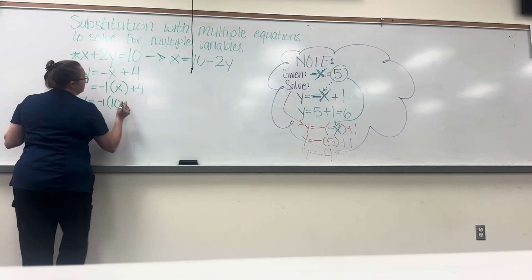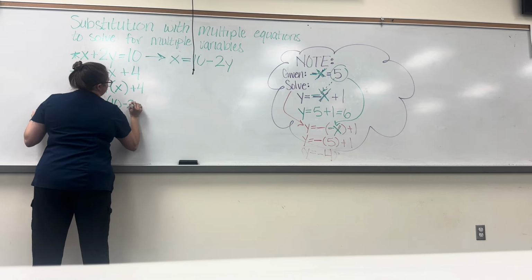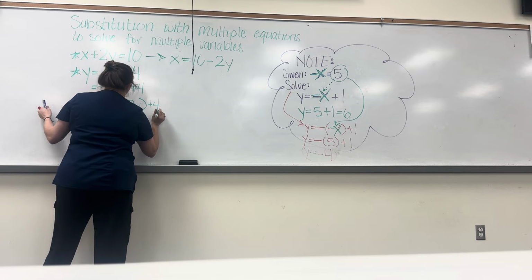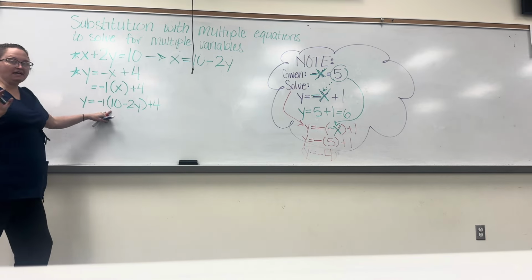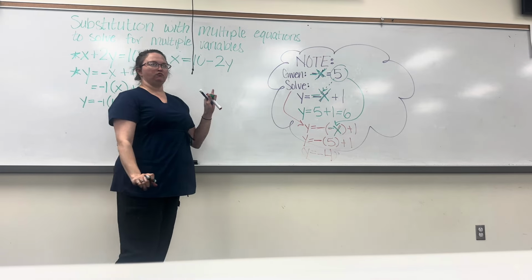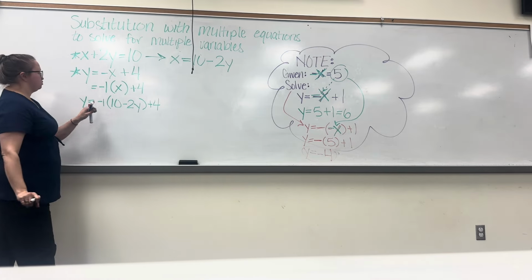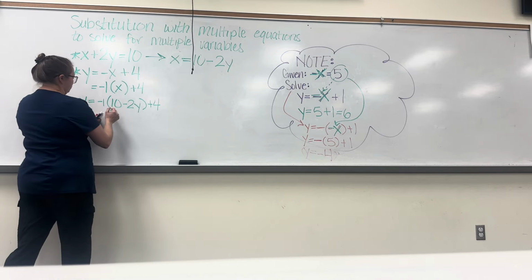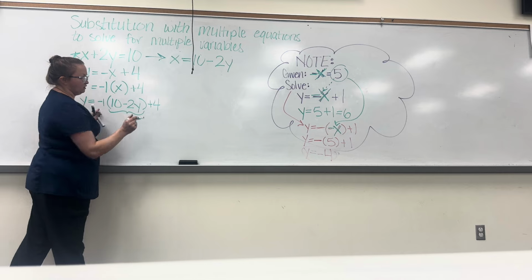10 minus 2y plus 4. Okay, so our last lesson, our most recent lesson, we talked about distribution, right? So we are going to distribute this negative 1 through this expression, right?